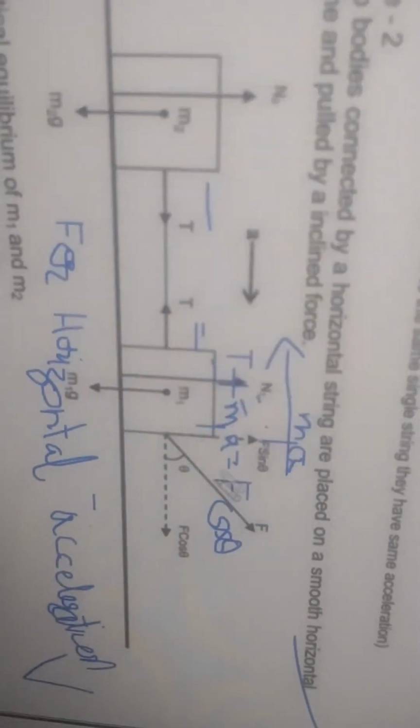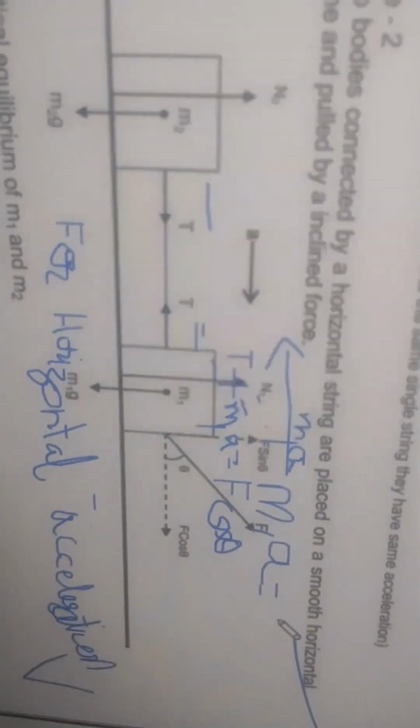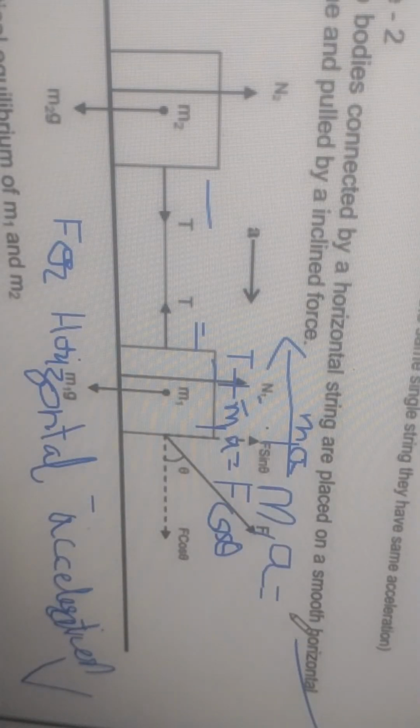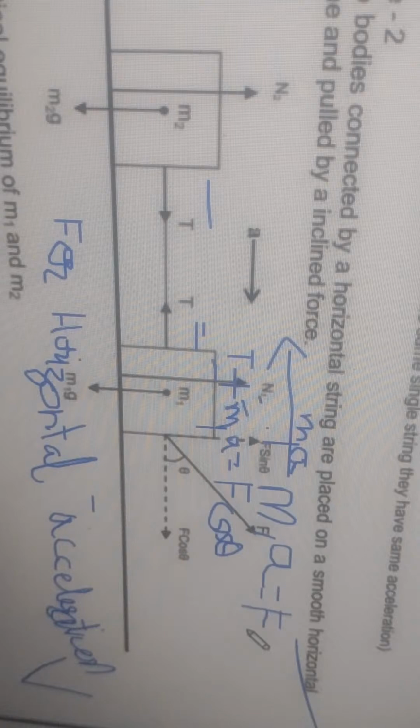And this is T plus m1a is equal to F cos theta. So m1a is equal to F cos theta minus T. So we get this horizontal equation, which is given at the bottom of it.